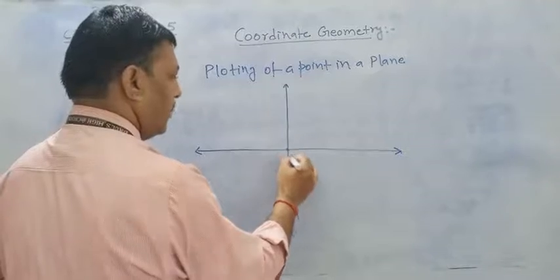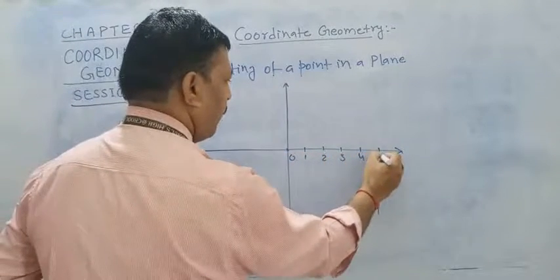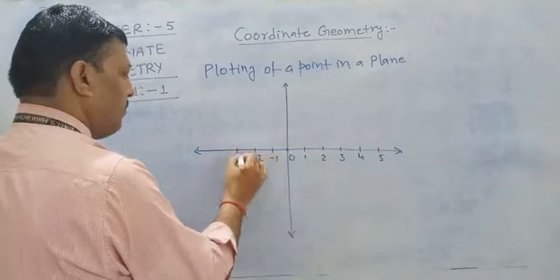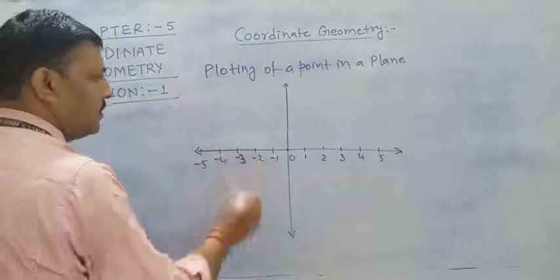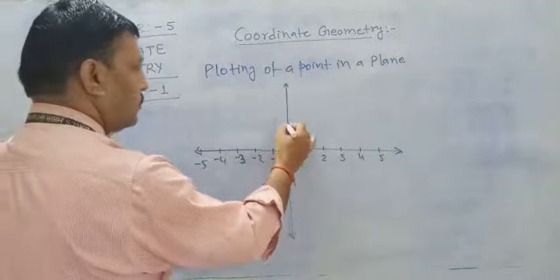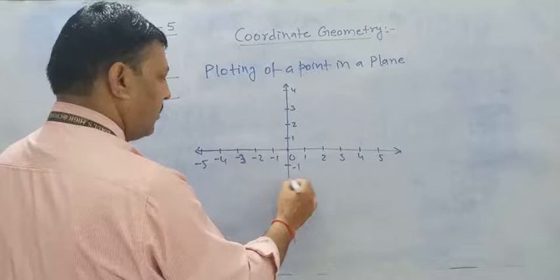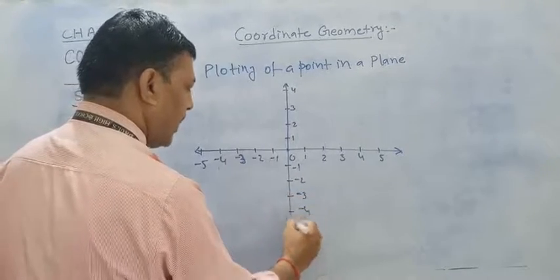This is the origin, 1, 2, 3, 4, 5, -1, -2, -3, -4, -5 like that. Similarly 1, 2, 3, 4, -1, -2, -3, -4, -5.